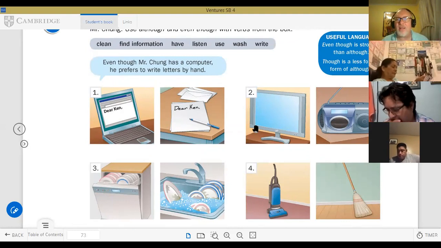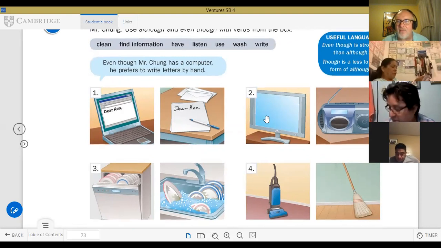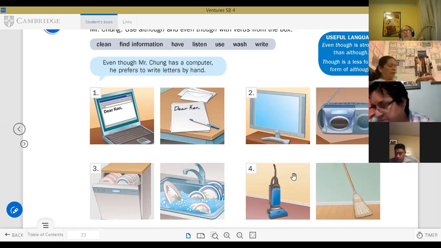All right, look at number 2. What do we have here? Nice TV, but he prefers the radio. So what could you say there? Even though he has a very nice TV, he prefers to listen to his little radio, right?